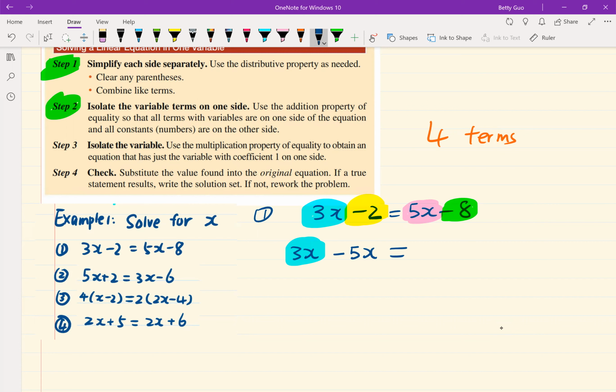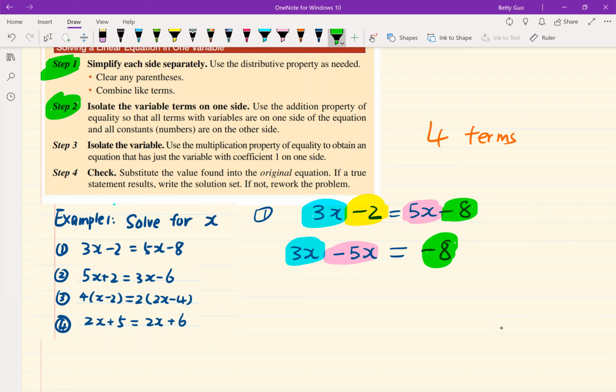So 5x on the right becomes negative 5x on the left. On the right hand side of the equation, negative 8 stays. Nothing changed, so we copy it.